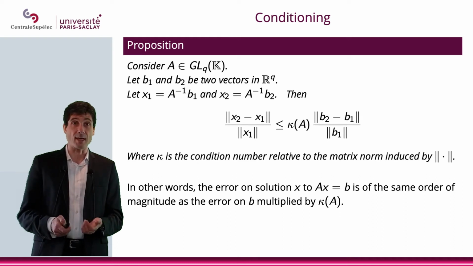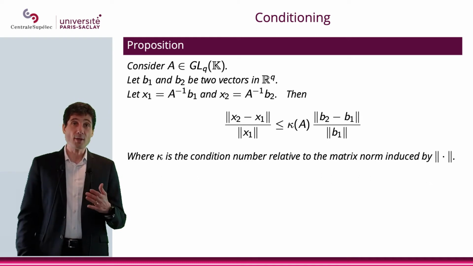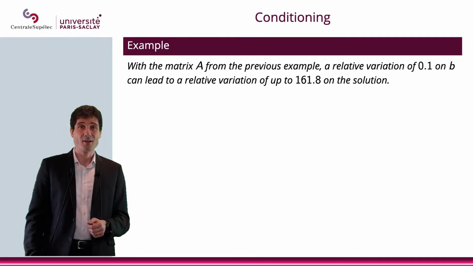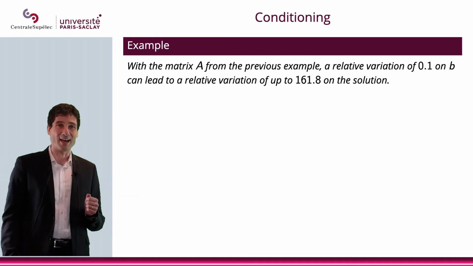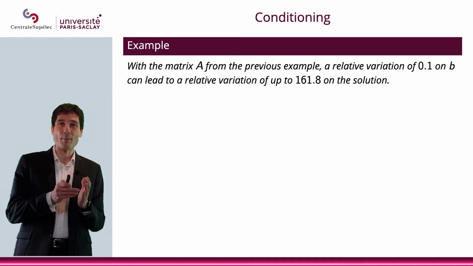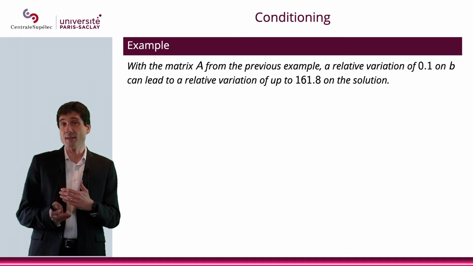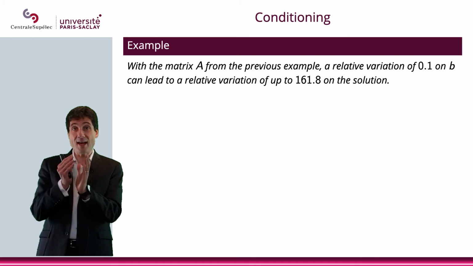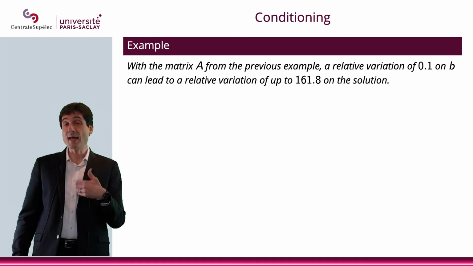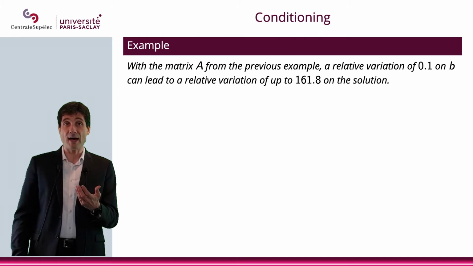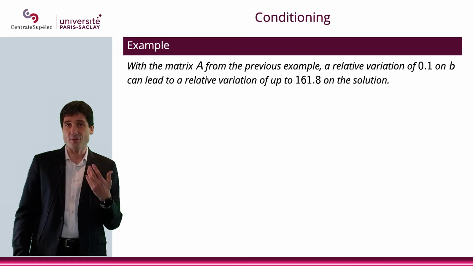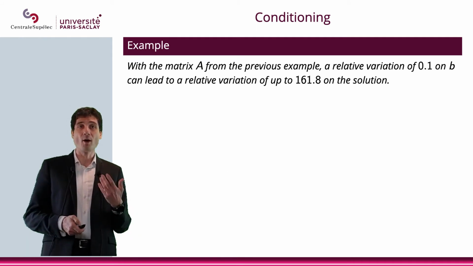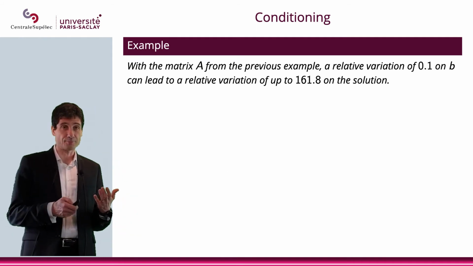If you look at the matrix from the previous example, the one we just had in the flashback, remember we changed the right-hand side by only 0.1, which seemed very small. But as you can see, that change could potentially be amplified by a factor of 1618. So that can lead to a relative variation of 161.8 on the solution.